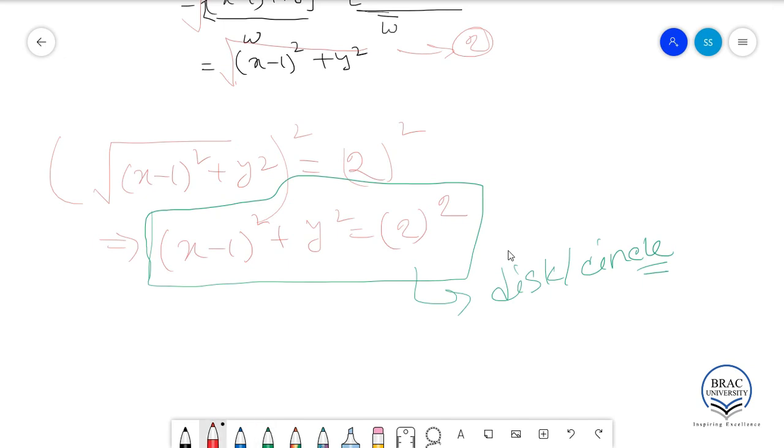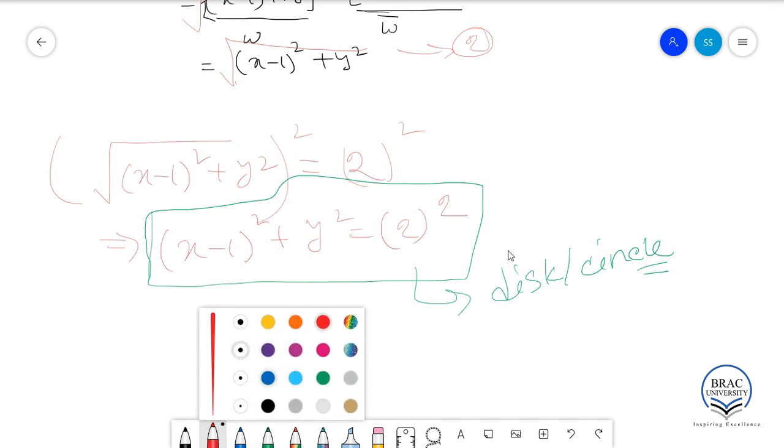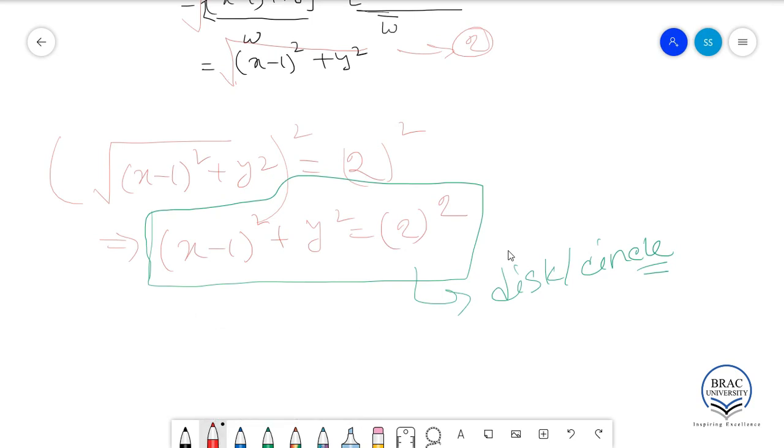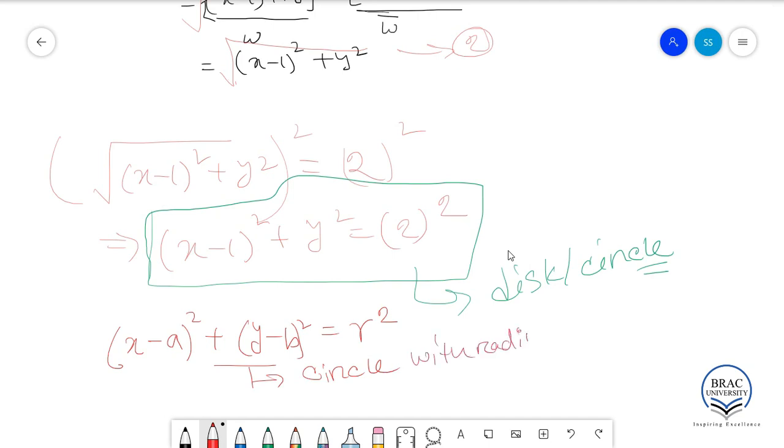Because we know from coordinate geometry that a circle with the radius r and center at a and b has this equation that I am writing right now. This means a circle, so let's remember that first, with radius r.